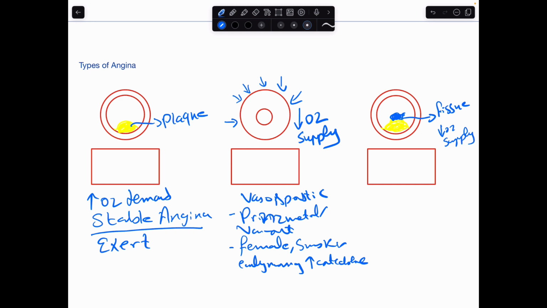Oxygen demand will also make it worse, but the major issue is the decreased oxygen supply. This is called unstable angina.